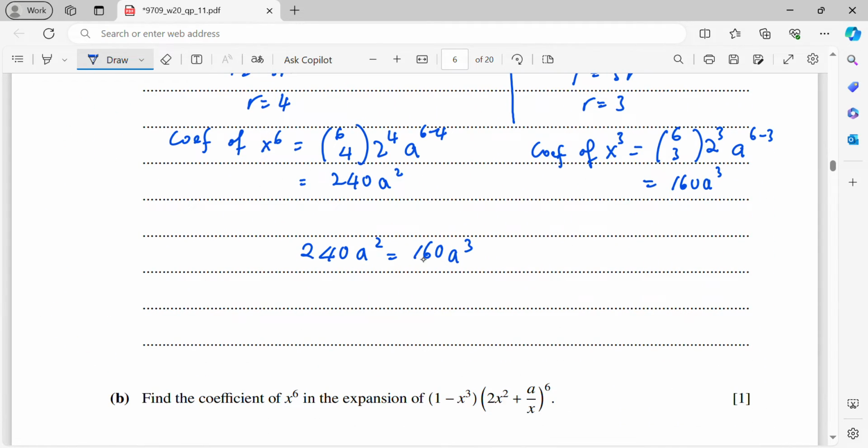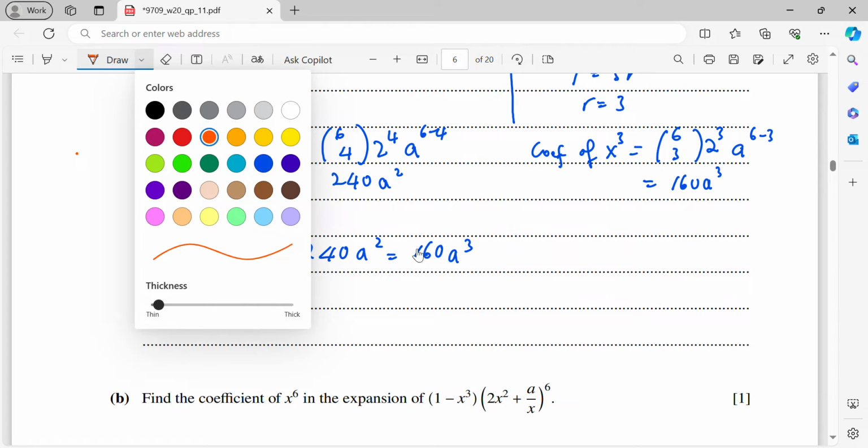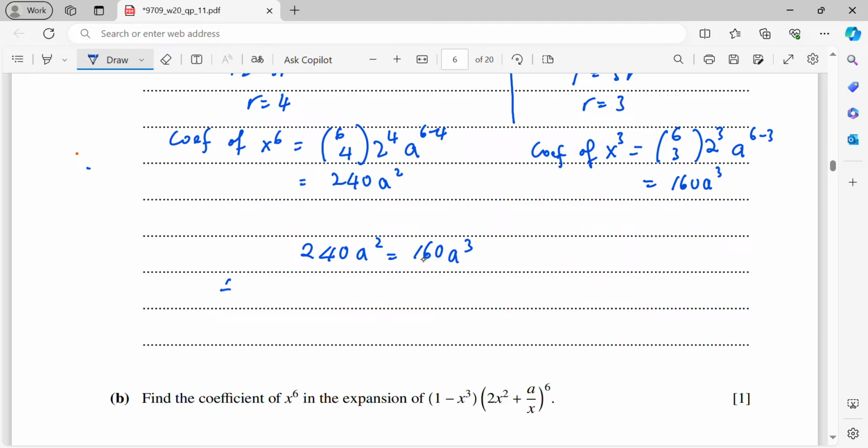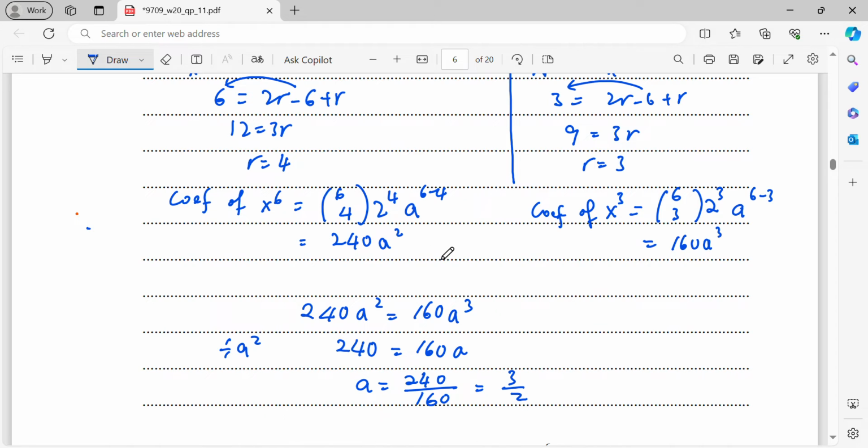So which means now I can just cancel or divide the whole equation by a squared. Then I will get 240 equals to 160a. Therefore, my a is 240 over 160. Then when you simplify, this is going to be 3 over 2. So that is my solution.